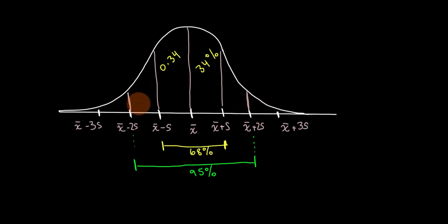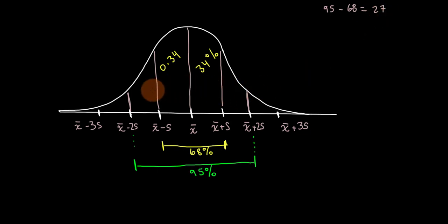I think there's a way we can figure out what percentage would be in each of these little wedges. If we think about this 95%, well, we know that wedge is not 95%, but both these wedges are 95% minus 68%, which is 27%.